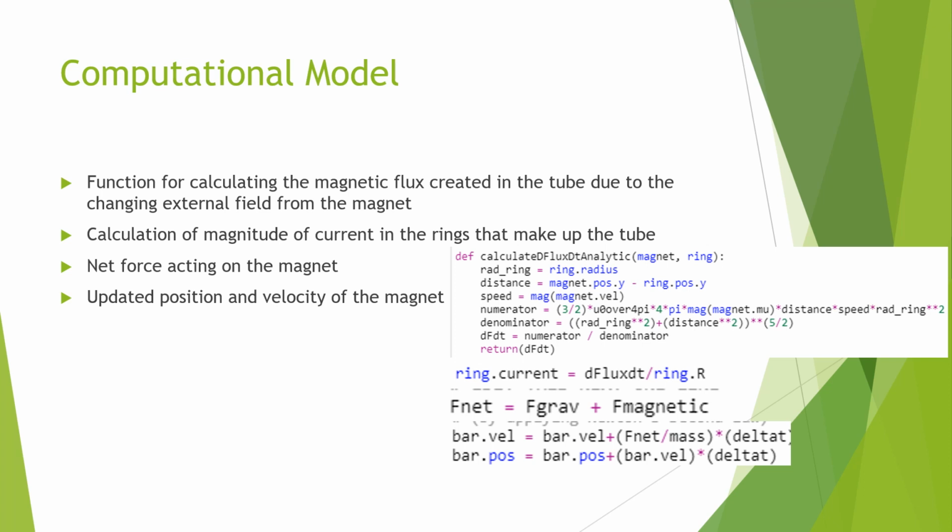And then we also calculate the net force acting on the magnet, which is made up of two forces: the force of gravity as well as the magnetic force acting opposite to gravity. And lastly, the position and velocity update formulas for the magnet as it goes through the tube.